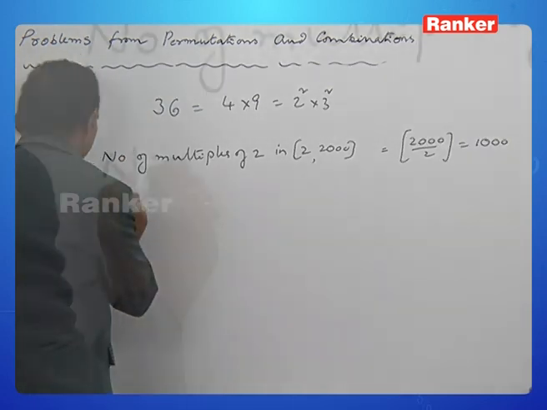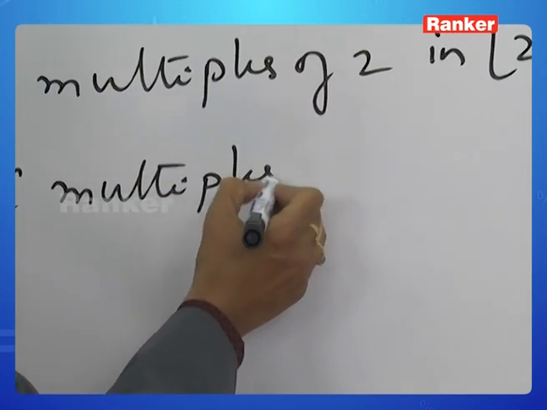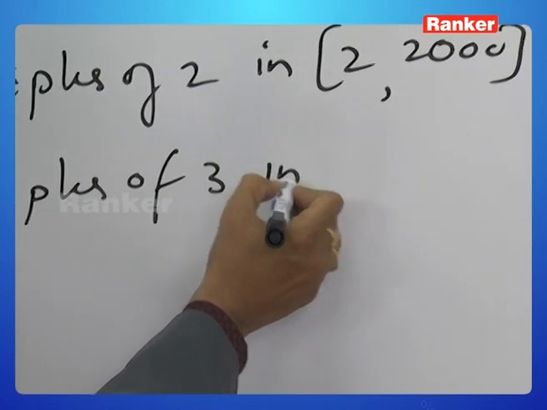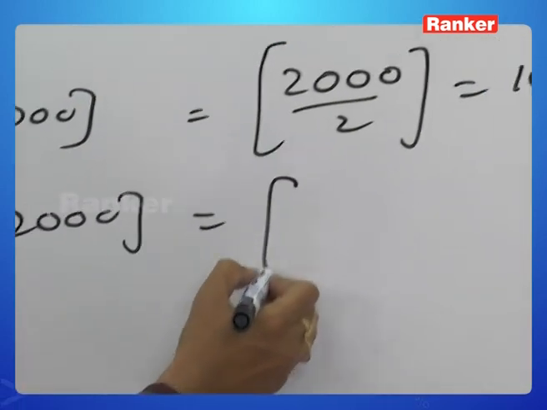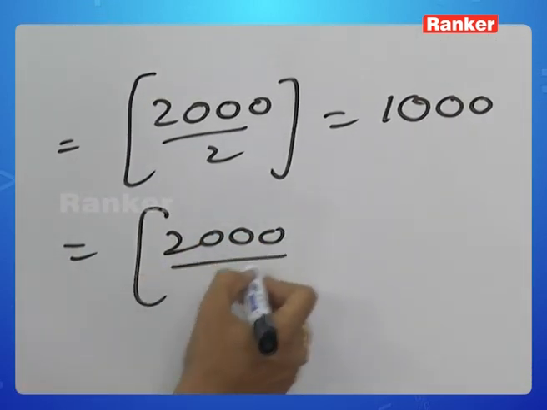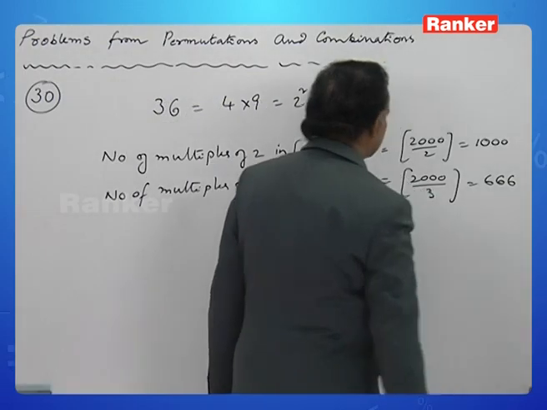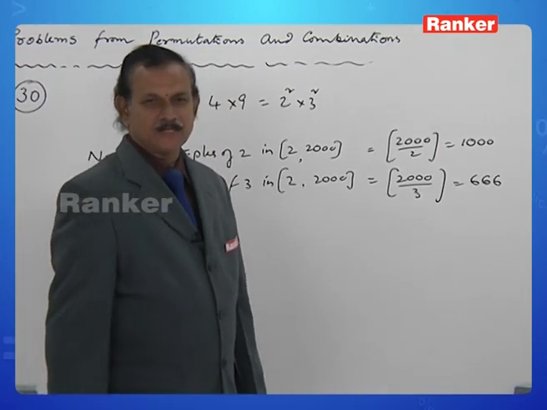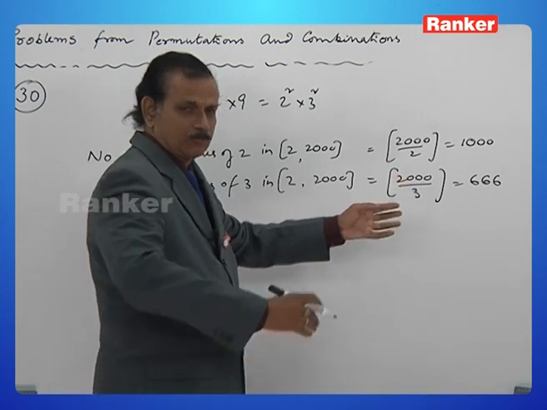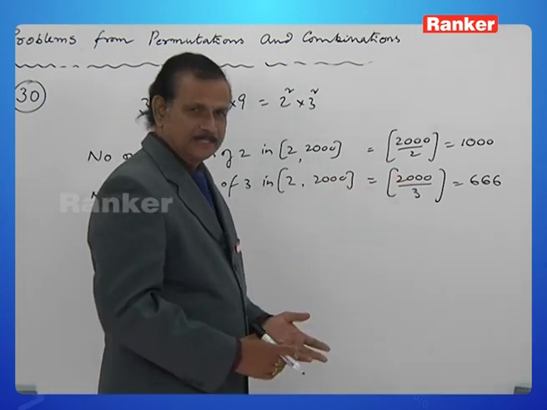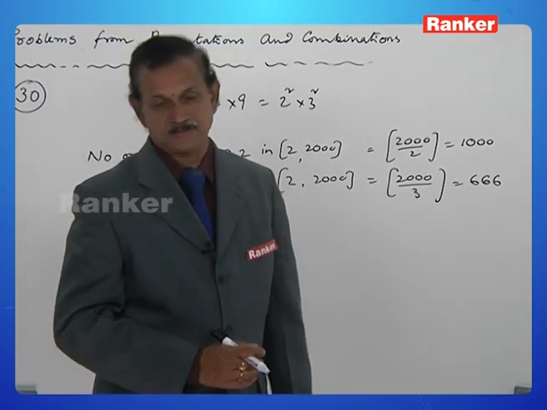Again, number of multiples of 3 in 2 to 2000 is 2000 by 3. This is 666. We are interested to gather the multiples only. That is why we found the integral part of 2000 by 3.